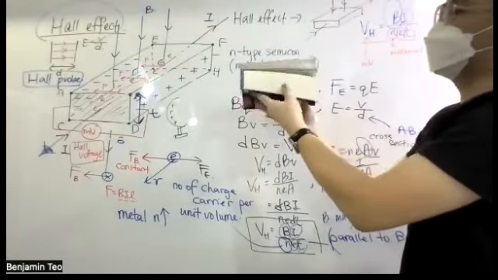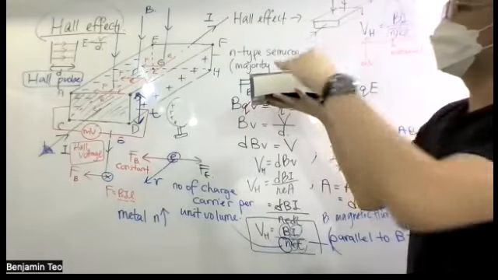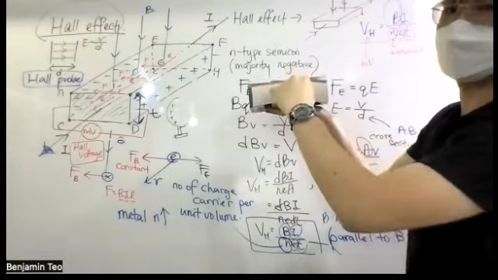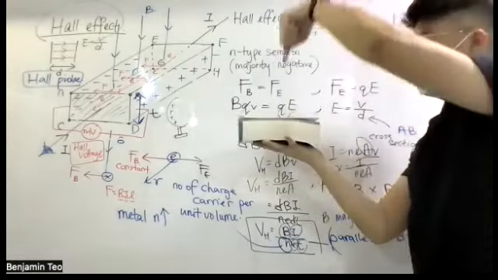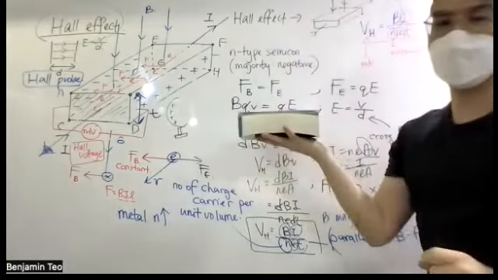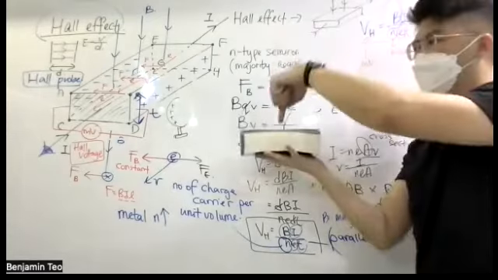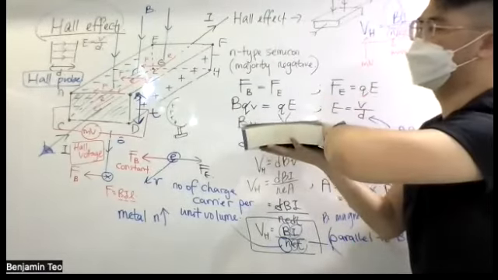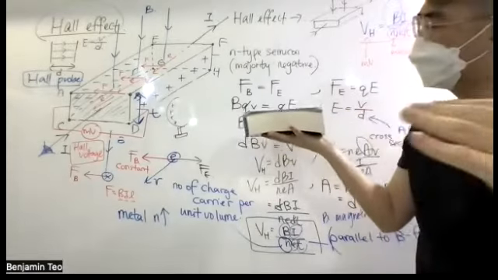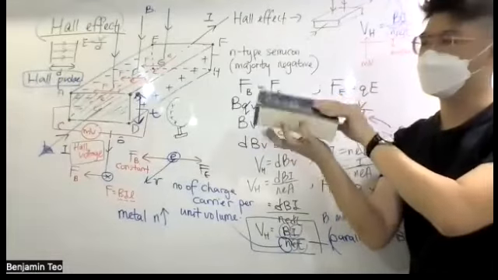Now, let's say I change the magnetic field to come from the front. This is the magnetic field, and this is the current. Where is your Hall voltage? With the magnetic field and current like this, your Hall voltage is across these two sides. Where is your thickness? Parallel to the magnetic field, so this one is your thickness.